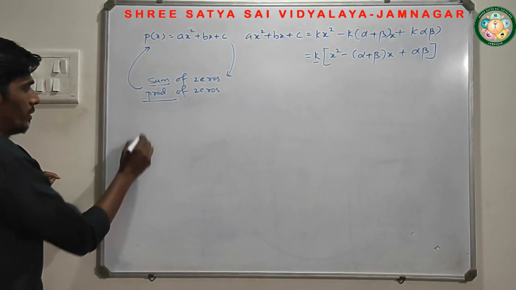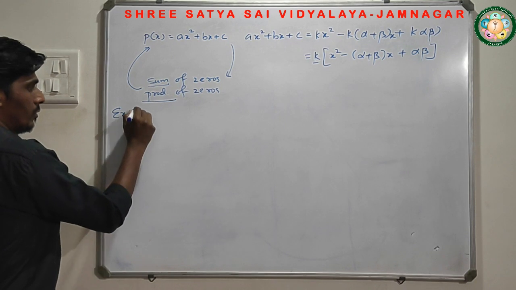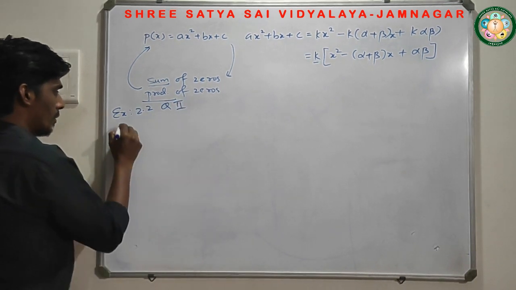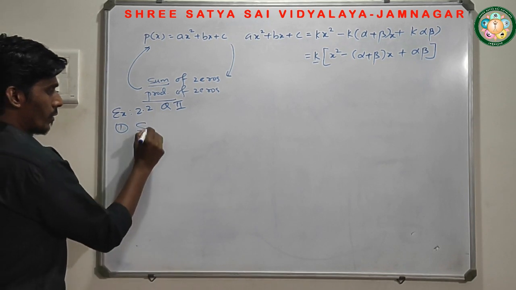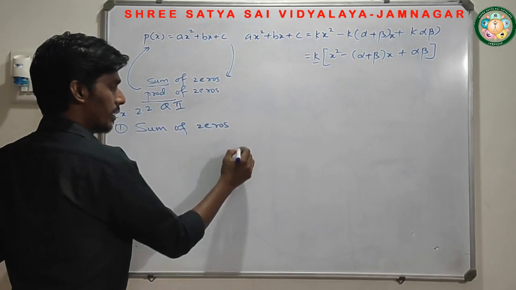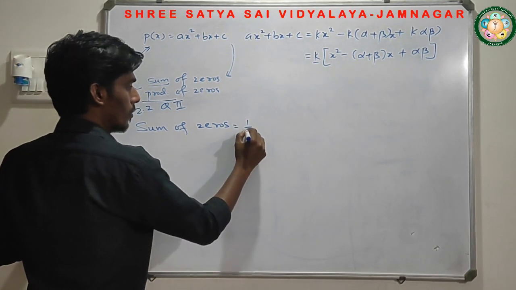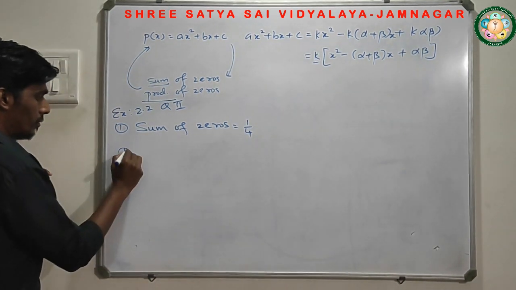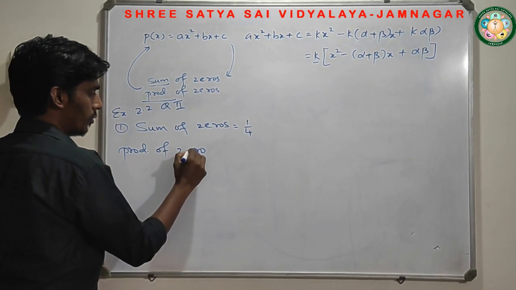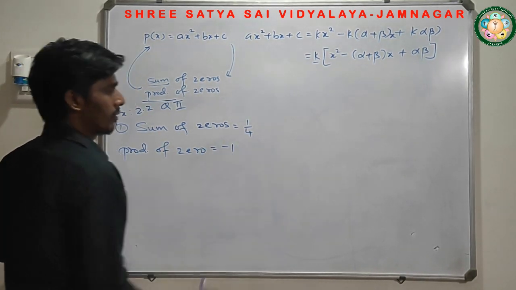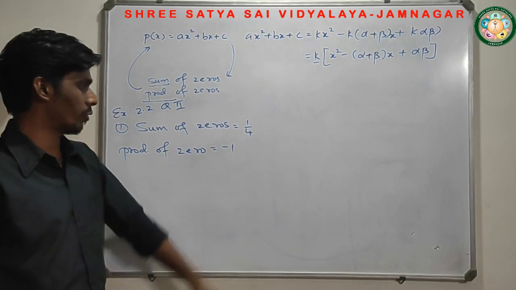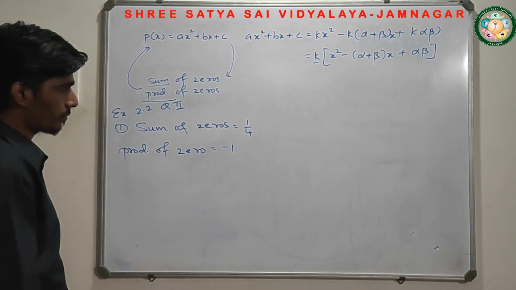Now let's take the example from exercise 2.2, question number 2, first one. Sum of zeros is 1 by 4 and product of zeros is equal to minus 1.